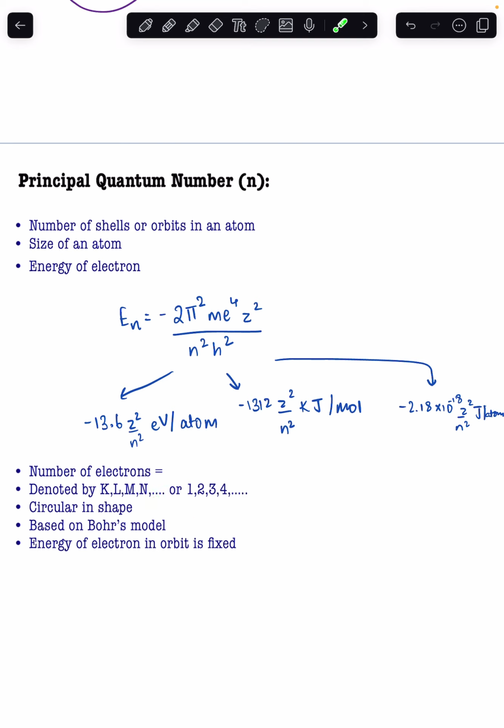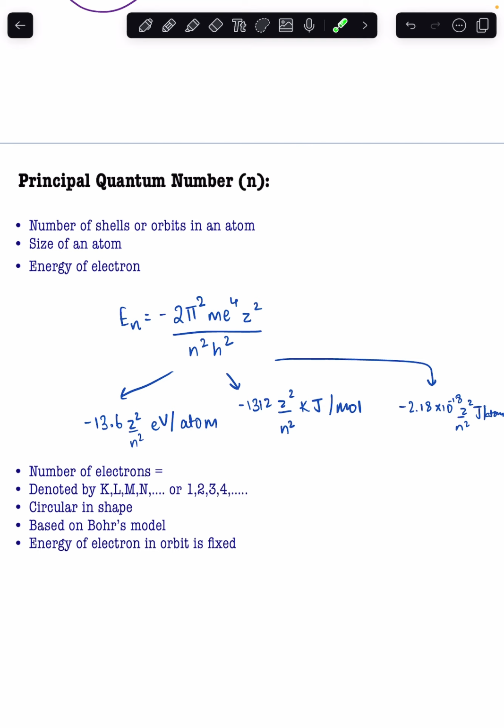I am going to assume that you already know about Bohr's model, you have enough knowledge about it. Because Bohr's model only says that the energy of an orbit is fixed, then it gains energy and then it comes back, all that, right? So the principal quantum number is based on Bohr's model.